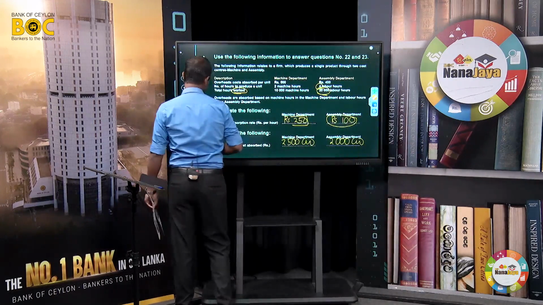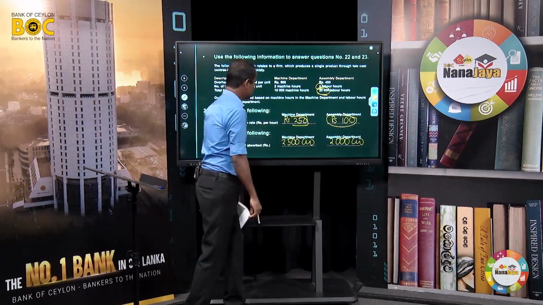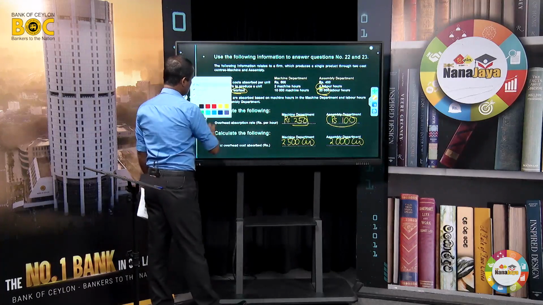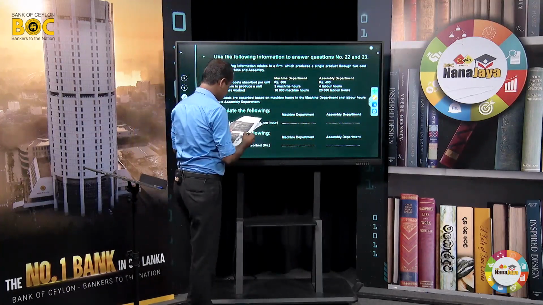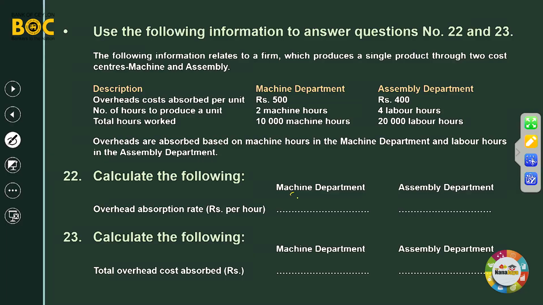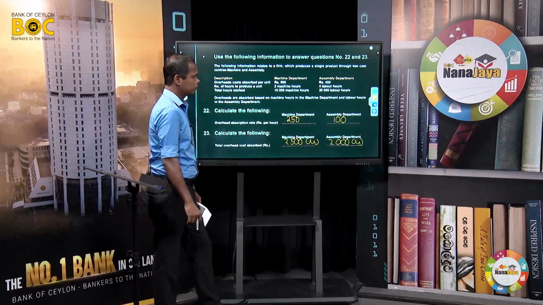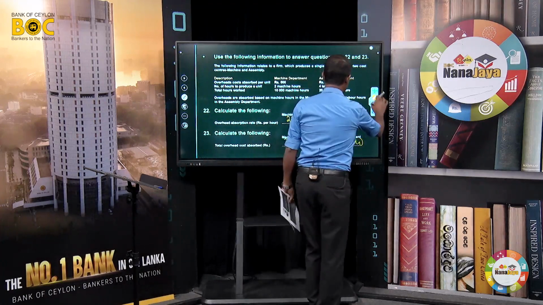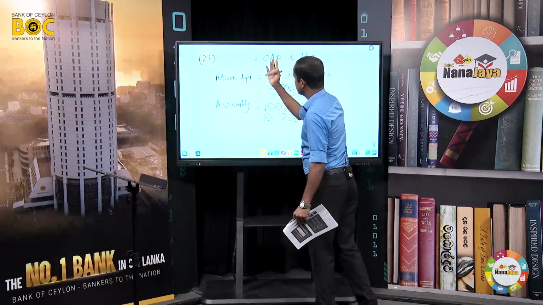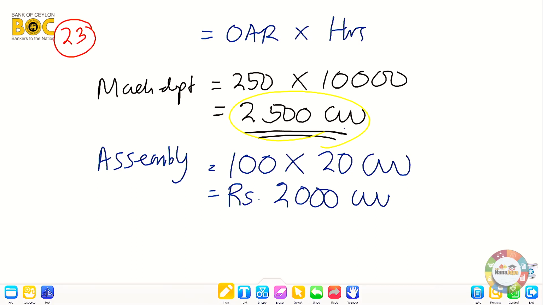This department you got 2 million rupees. The answers: here you got 250, here you got 100, 2,500,000 and 2 million rupees. Machine department overhead equals absorption rate into hours used.